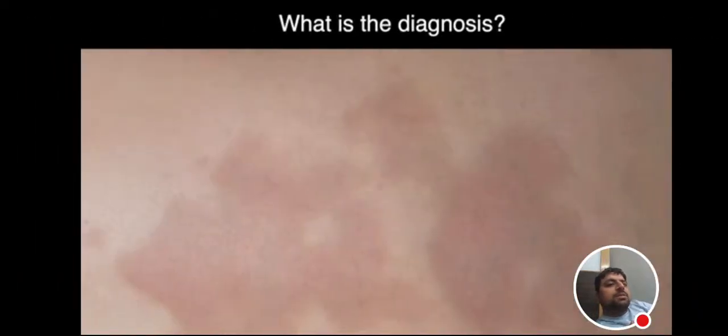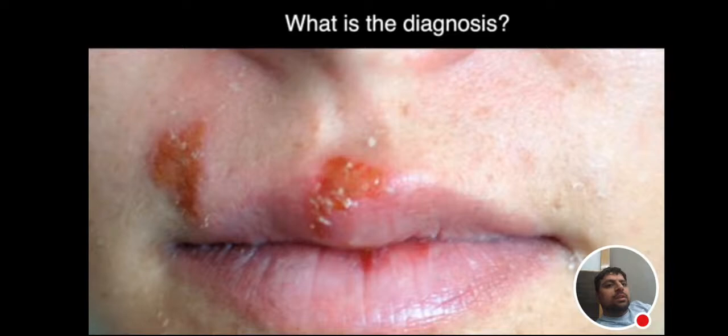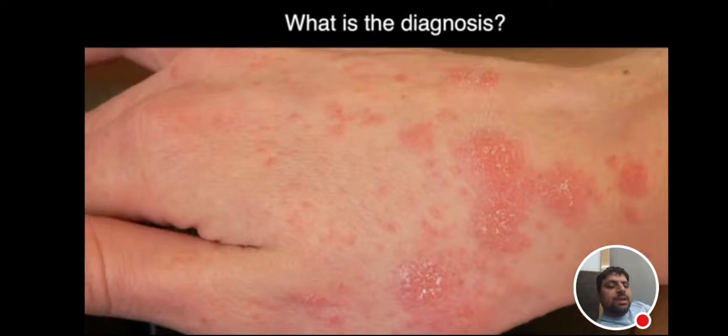What is the diagnosis here? This is a case of morphea. Okay, what is the diagnosis here? What is it? This image shows herpes labialis.